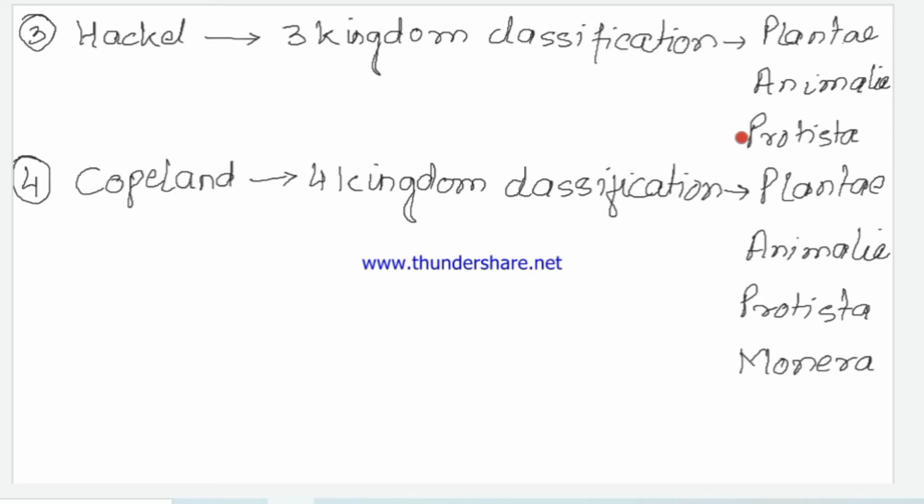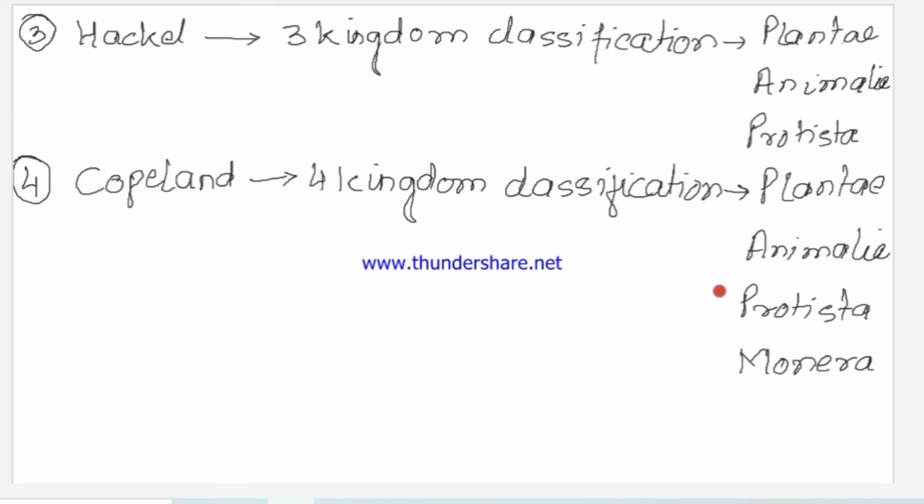This was also insufficient because the prokaryotes were kept with the eukaryotes. So, Copeland in 1956 proposed the four-kingdom classification. He classified organisms into Plantae, Animalia, Protista and Monera, thereby separating the eukaryotes from the prokaryotes.